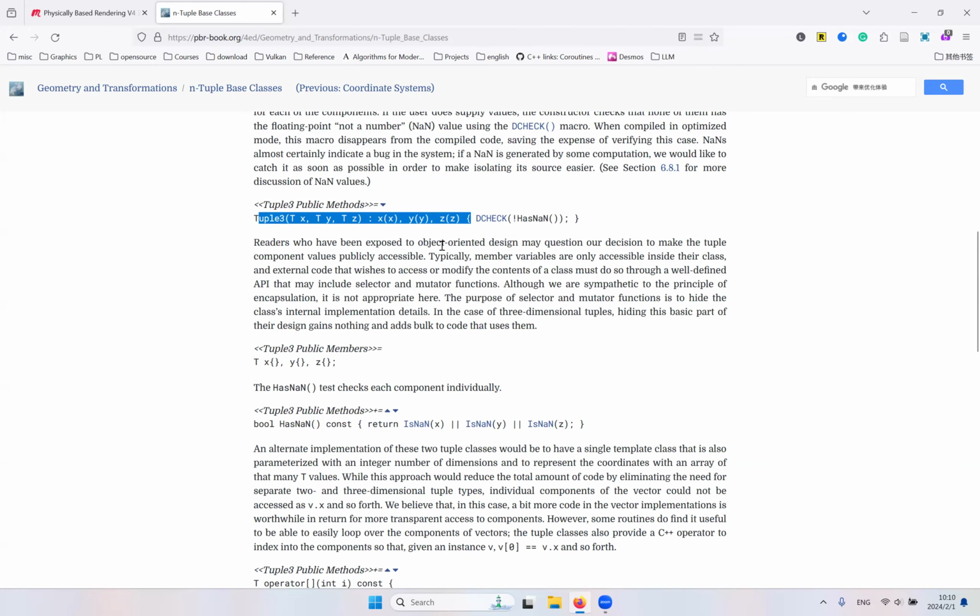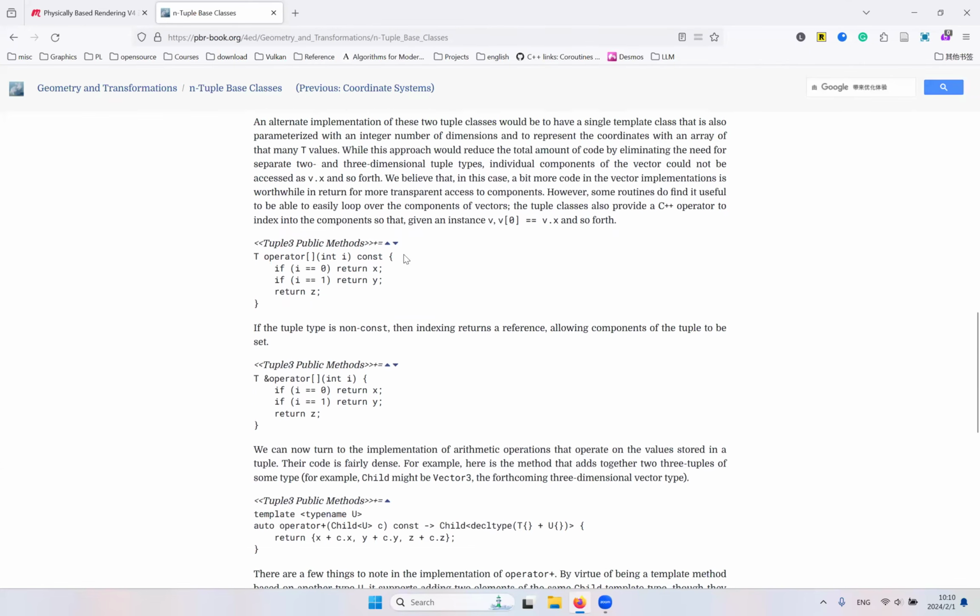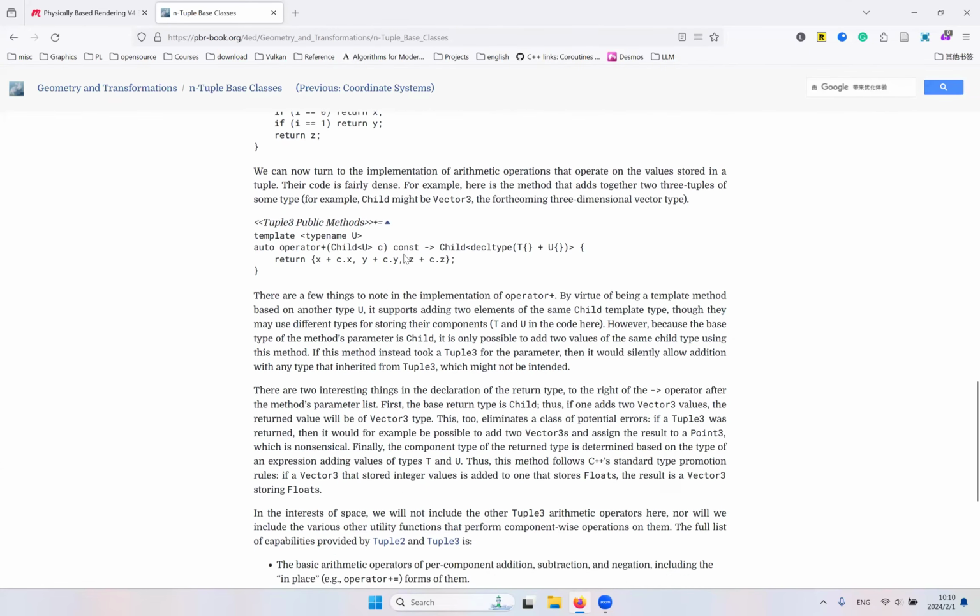Nothing too substantial for this. They do this has-NaN check quite aggressively in the code. And member functions like this need to work for the derived type, so they need to use some CRTP trick like this.